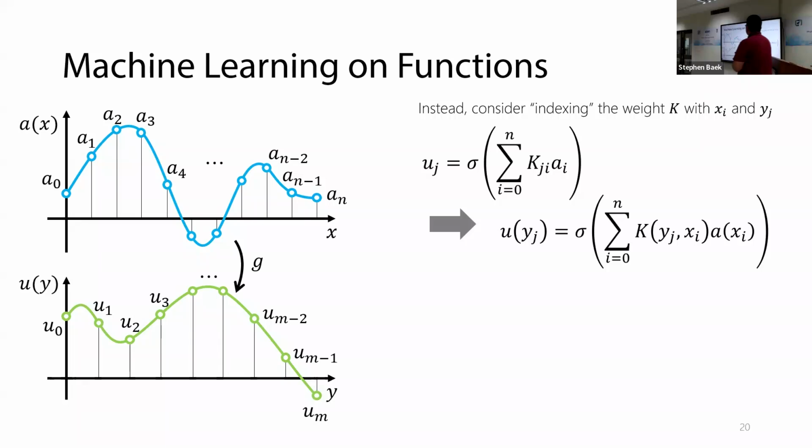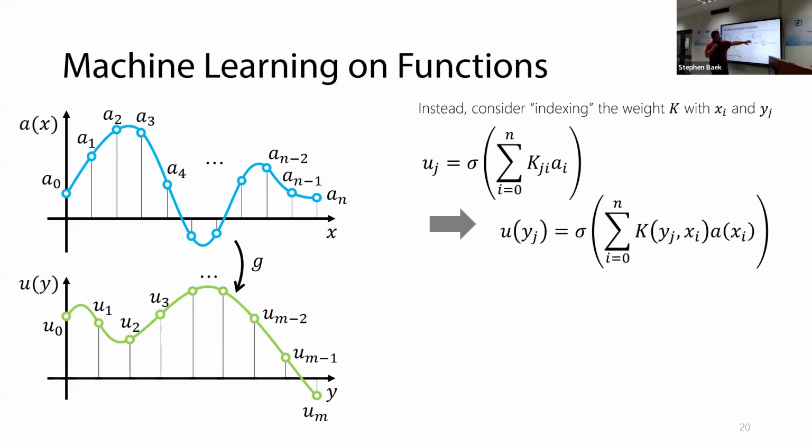In the original formulation, we have the discrete indices i, j. k_ji is the weight value connecting the ith input a_i with the jth output u_j. So we have some n by n matrix filled with those discrete values that connect the ith value in the input signal with the jth value in the output signal. So that's what happened over here.